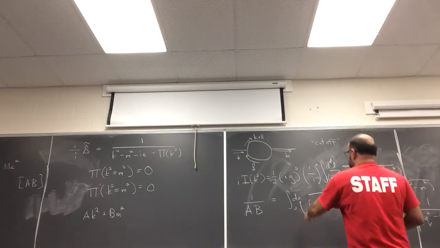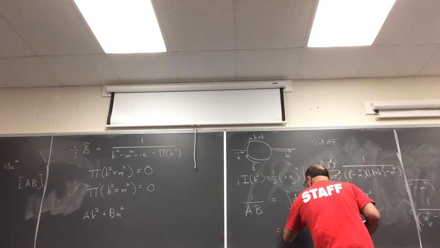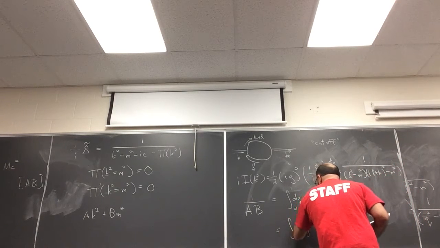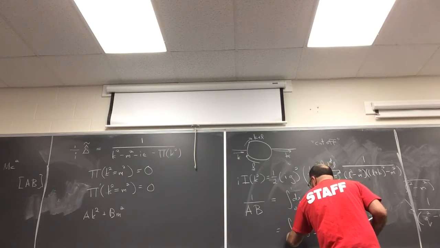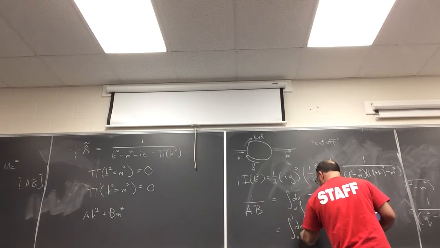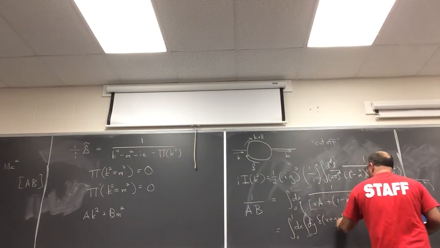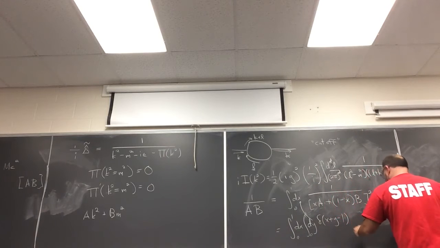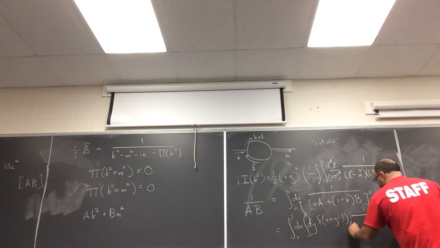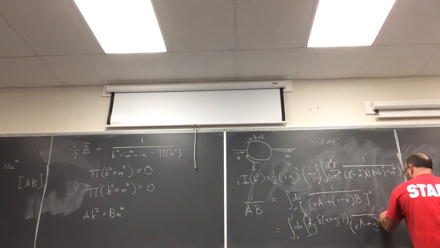You can do it several different ways. You can do it by introducing just 1, or you can introduce 2 Feynman parameters, both from 0 to 1, and a delta function that tells you x plus y has to be 1, and then 1 over (x A plus y B) squared.